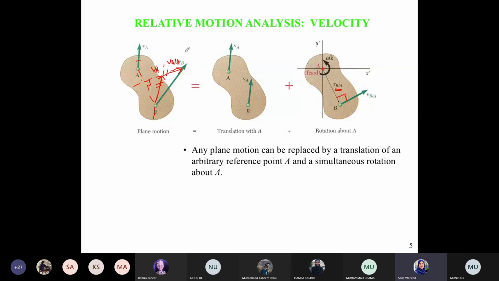So I'm just trying to point out that there are tiny bits and pieces of information that we already have available just by our initial problem. One of these is this direction of the relative velocity VB by A.